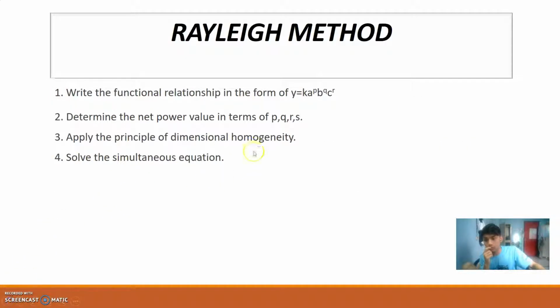If we look at the most simplified one, y is dependent on the values of a, b, c, and a, b, c are the independent values. So what will determine the value of y is a, b, c, and p, q, r are the power values that we need to determine to find out how the equation is formed.